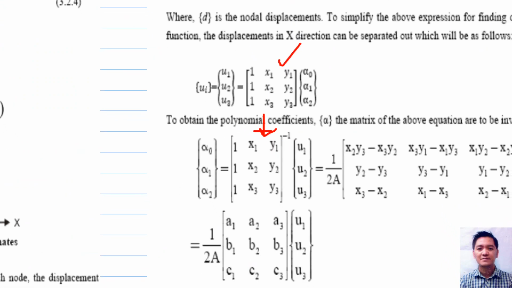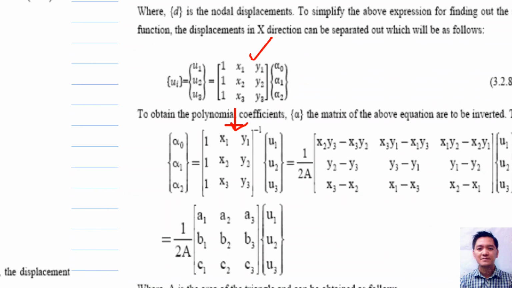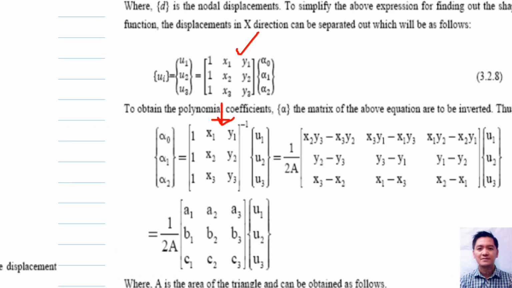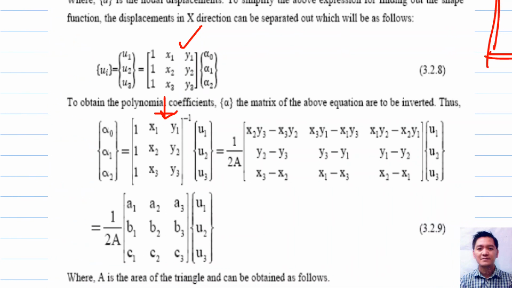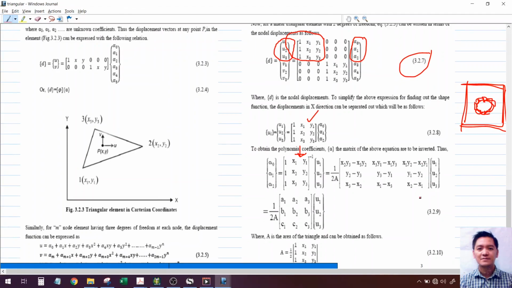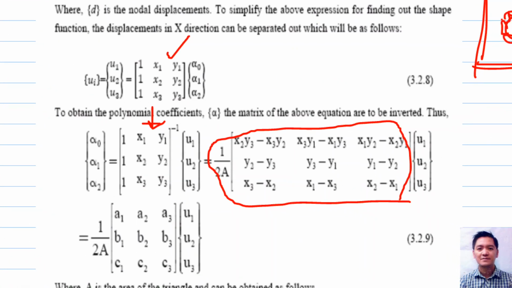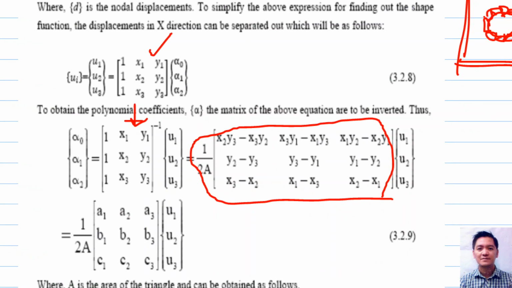So, alpha naught, alpha 1, alpha 2 equals, get the inverse of that in U1, U2, U3. It turns out, yung inverse na yan is ito. 1 over 2a, x2, y3 minus x3, y2.